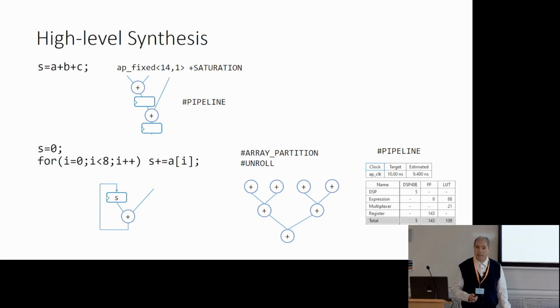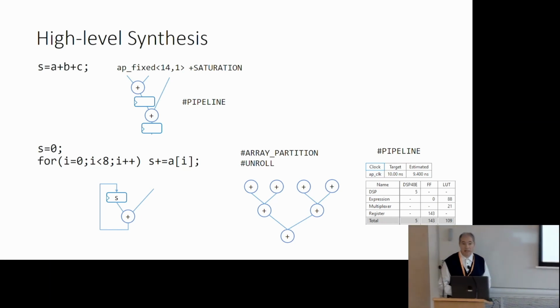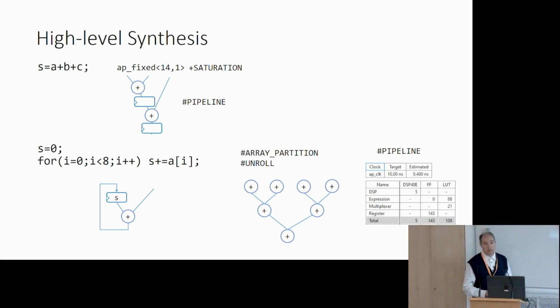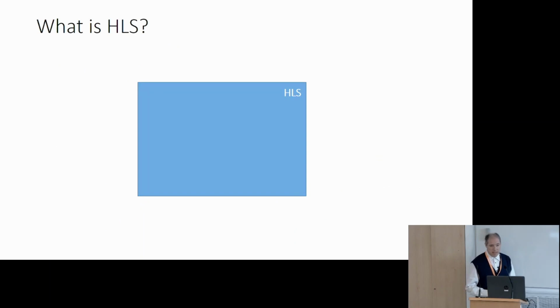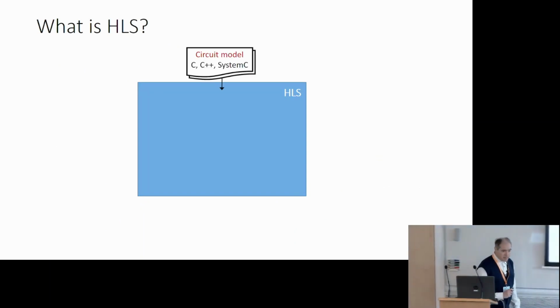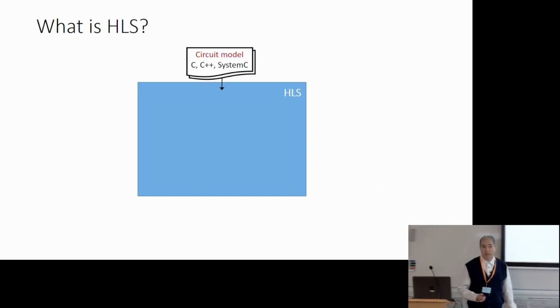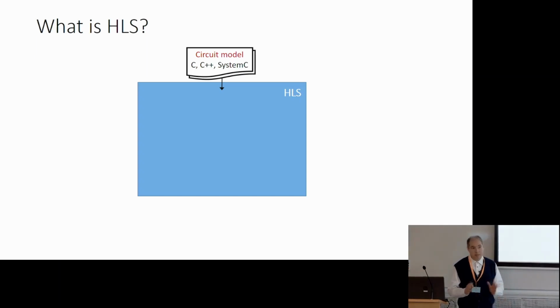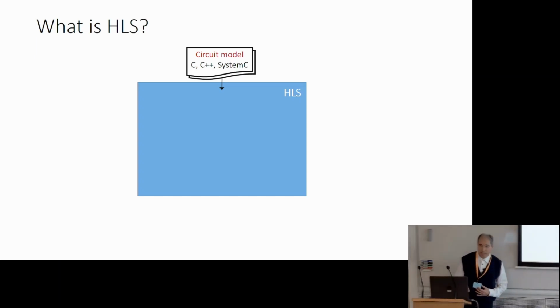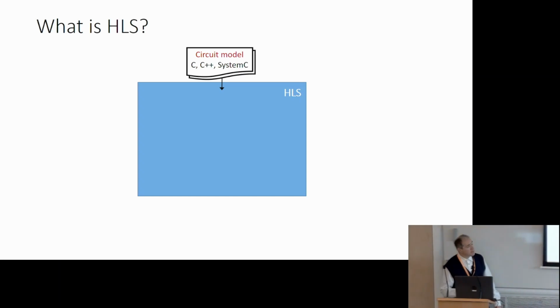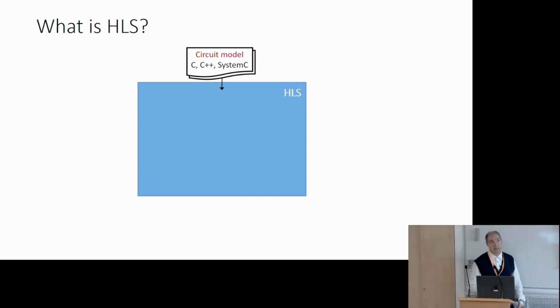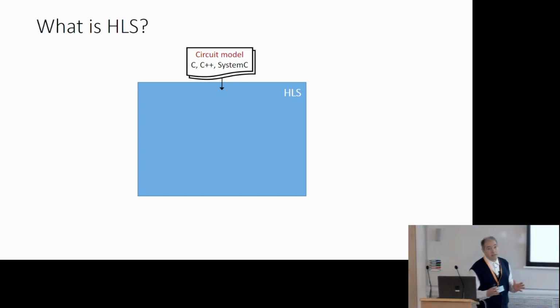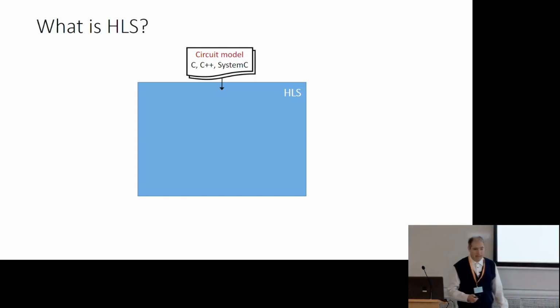And high-level synthesis is about transferring a functional description of the behavior of the circuit into the actual circuit representation. So we take mostly a circuit model in a language like C, C++, or System C. Actually, from these 3, System C is an extension to C++ with things that are usually in hardware.